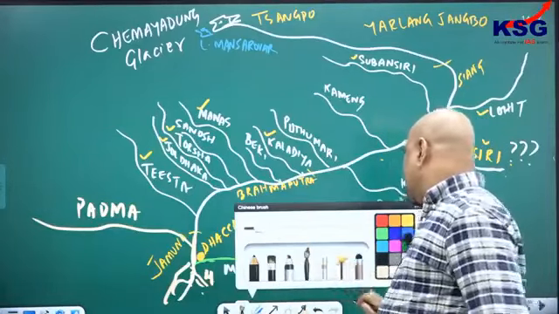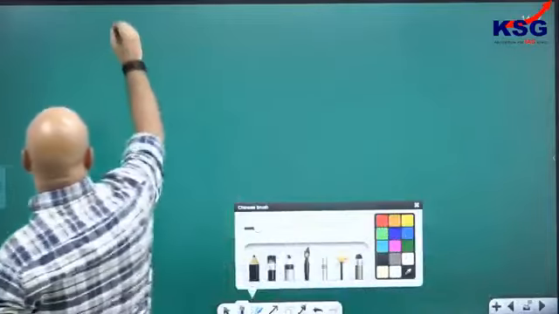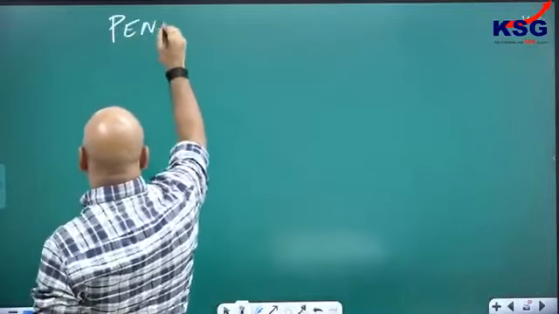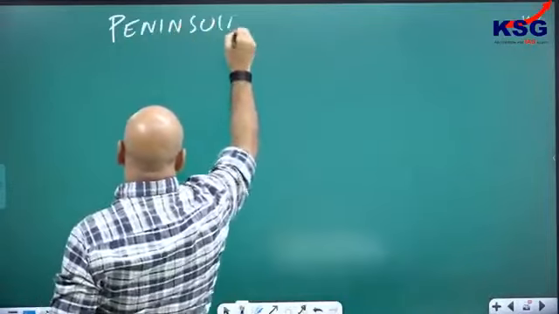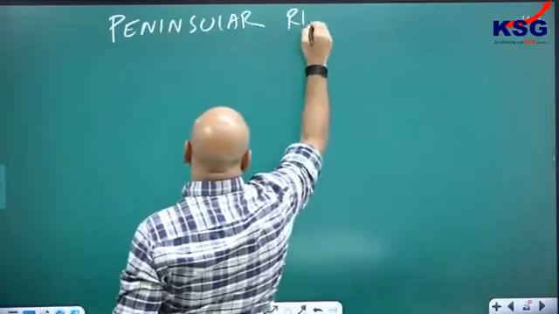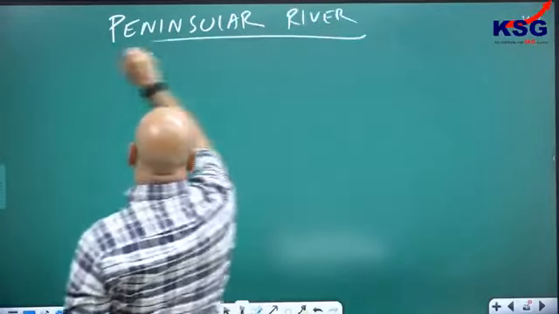Let me now move on to the peninsular rivers. The second group of rivers is your peninsular rivers, or peninsular drainage system.